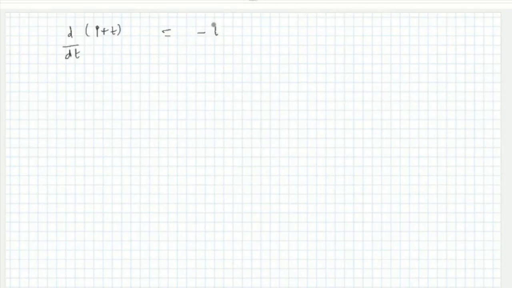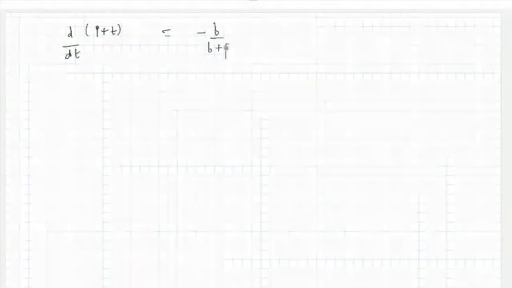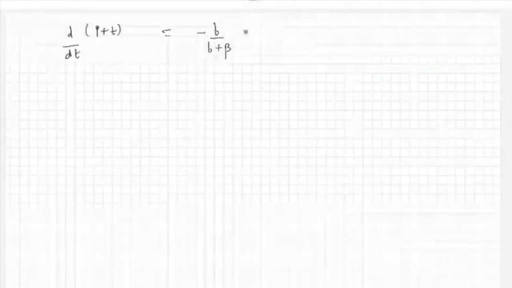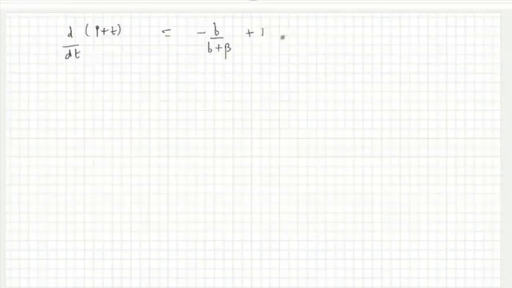They are also trying to solve for p plus t. p plus t is the price that is being paid by the consumer. If you take its derivative with respect to t, then you will get dp by dt, which we already know is minus b upon b plus beta, and then plus 1 because you will have dt by dt.